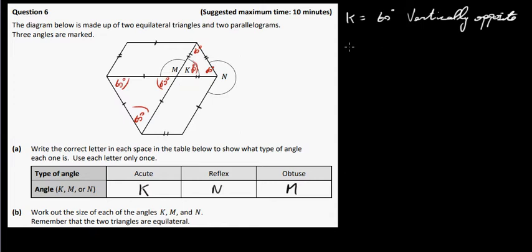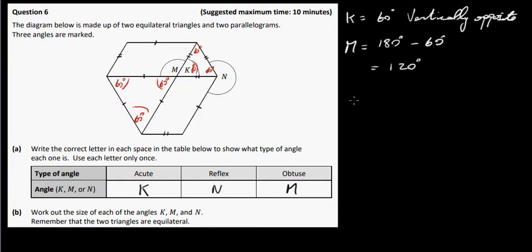So M then, because we have a straight line going down along here, that's going to be 180 degrees, so M is just 180 minus 60. So M is equal to 180 degrees minus 60 degrees, so that's just 140 degrees. No, it's not. It's 120 degrees, I think, isn't it? 120 degrees. Yep, 120 degrees.